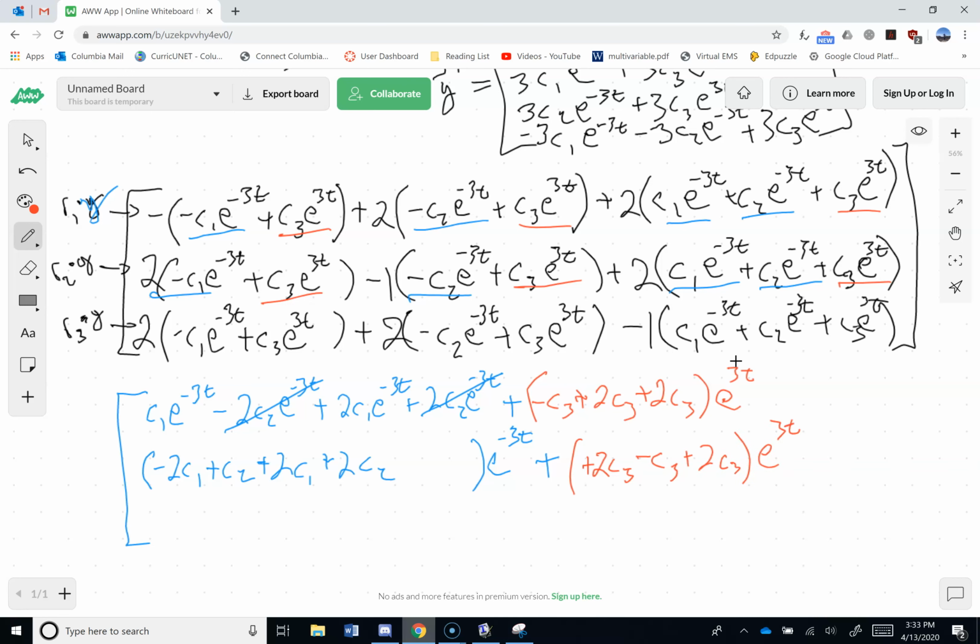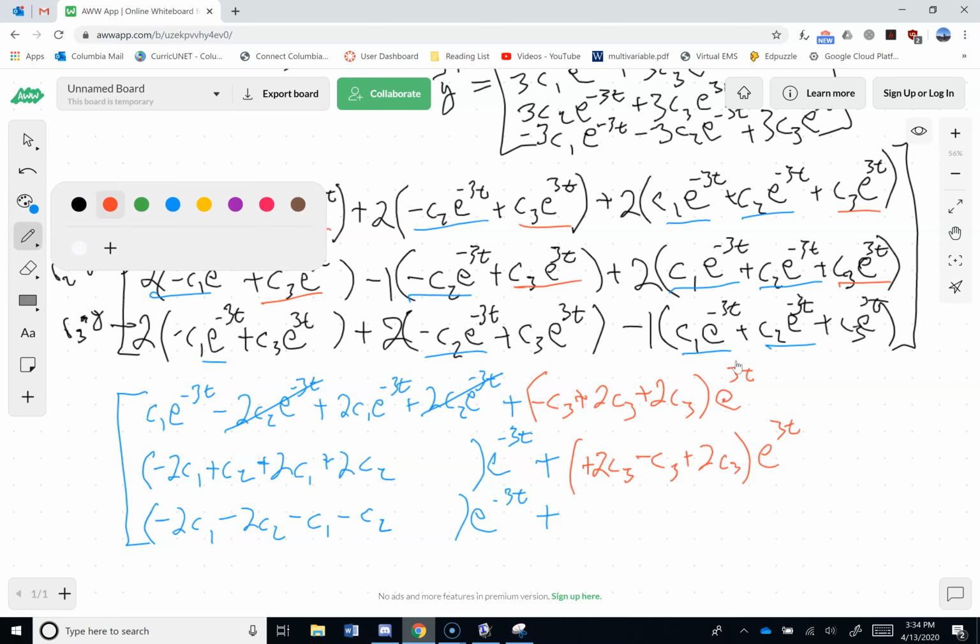Then third row, on the e to the minus 3t's, I have minus 2c1 minus 2c2 minus c1 minus c2.